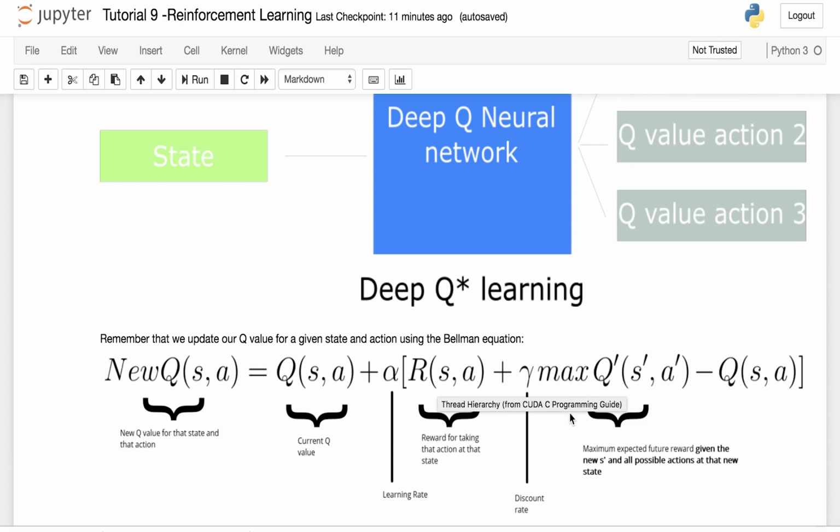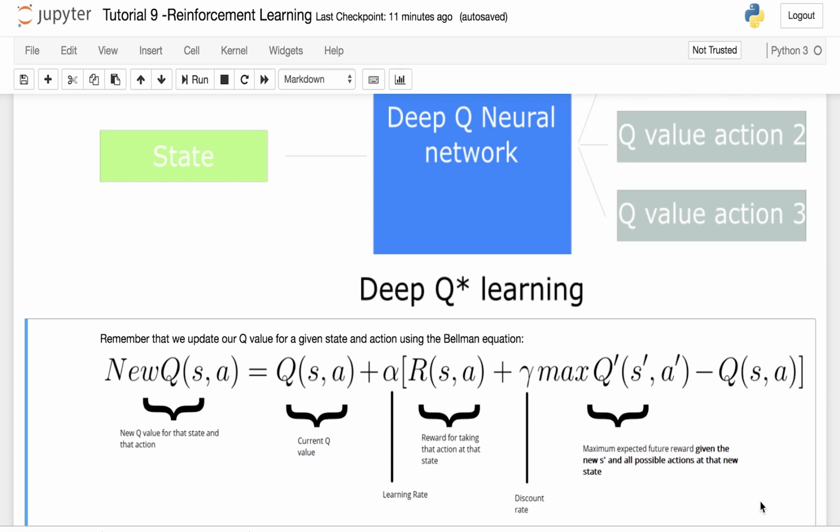Then we place our discount rate. The discount rate is a parameter from 0 to 1 of how much we believe in our future steps. Then we maximize the expected future reward, summing our expectation of the new reward minus our current reward.